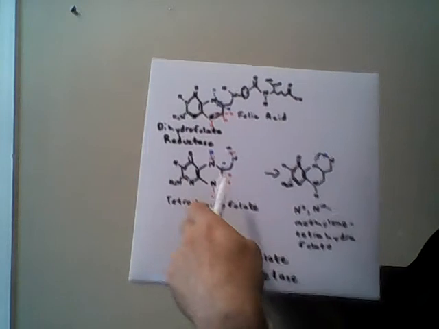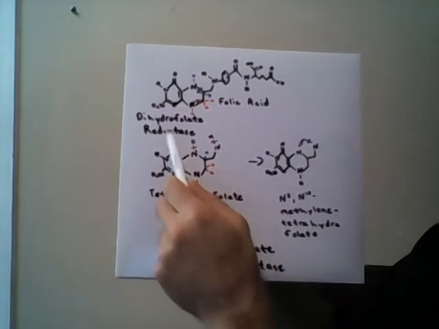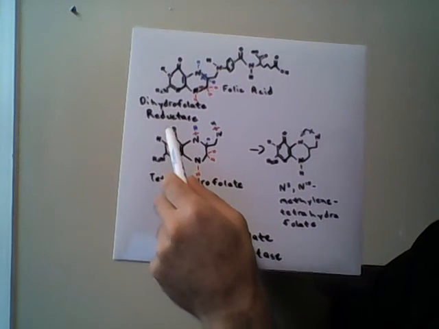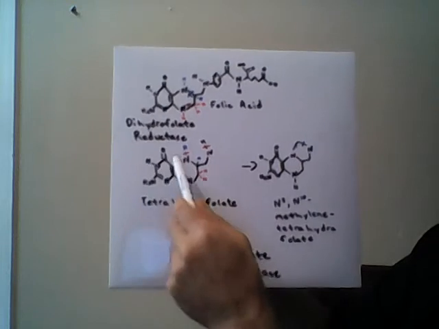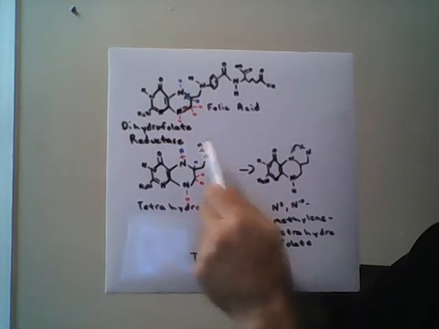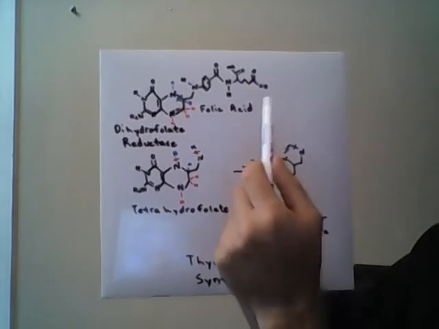Then it goes down here. This is tetrahydrofolate. So the tetrahydrofolate, again, thymidylate synthetase comes in and chops off this hydrogen and this hydrogen right here, and a carbon comes in.